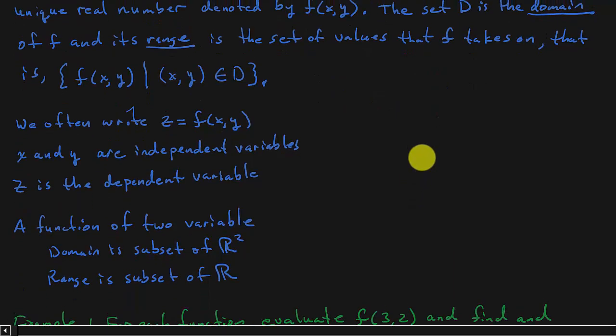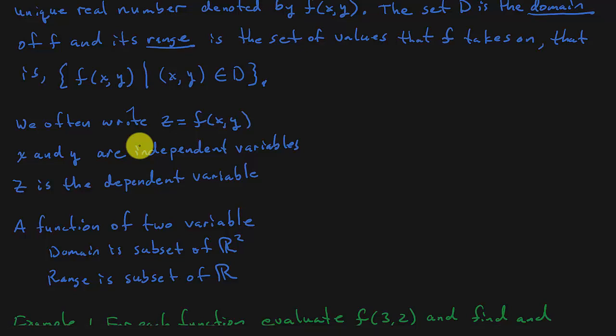Now, let's look at some notes here. We often write z equals f of x, y. A lot of times you may have a function written f of x, y equals something, as you'll see in the examples, but sometimes we take that f of x, y and replace it with a z.